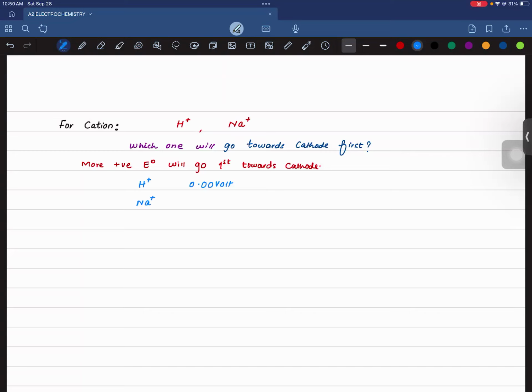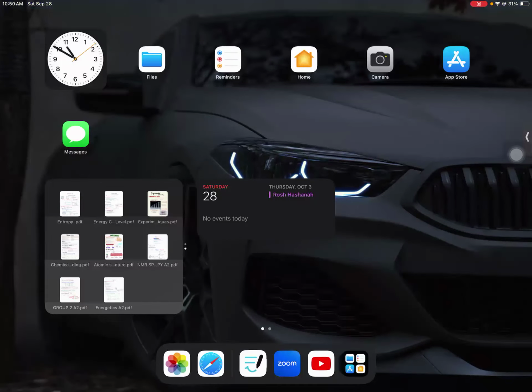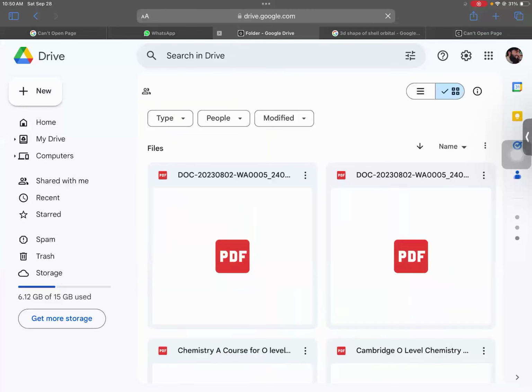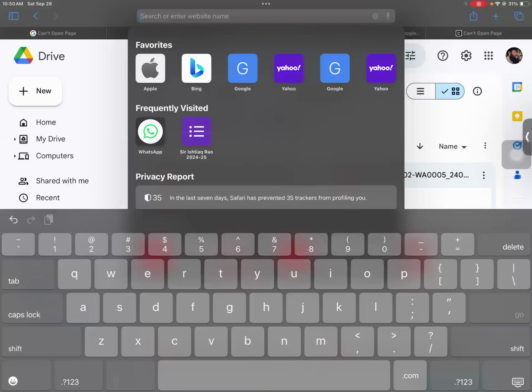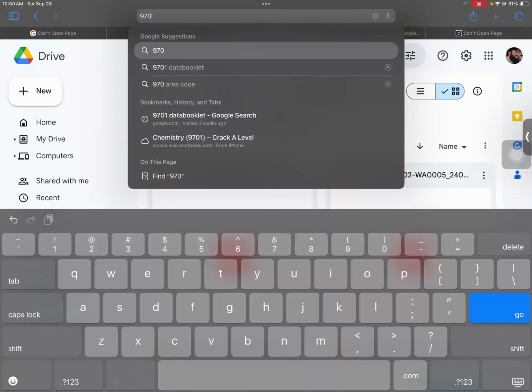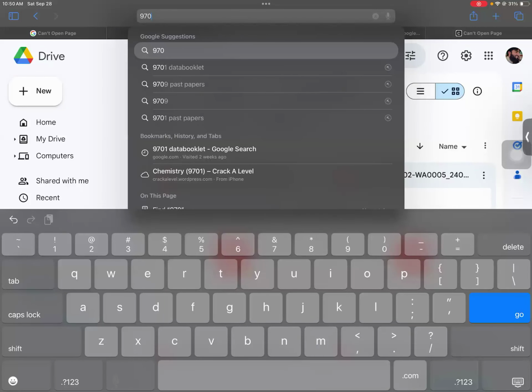Let me see the data booklet. It's the 9701 data booklet.